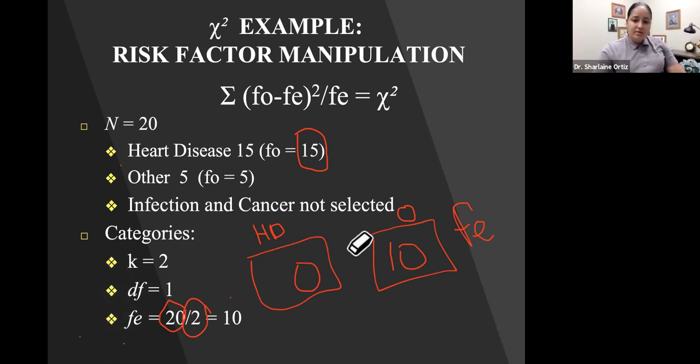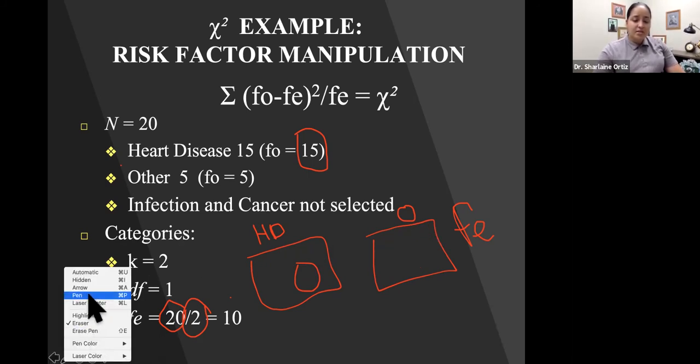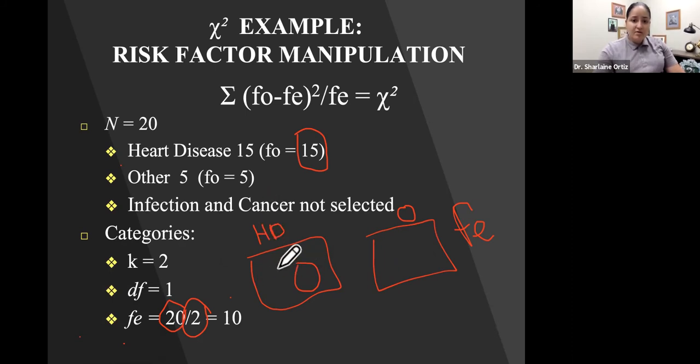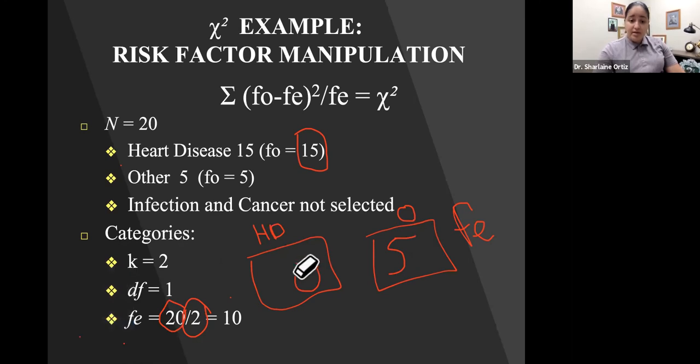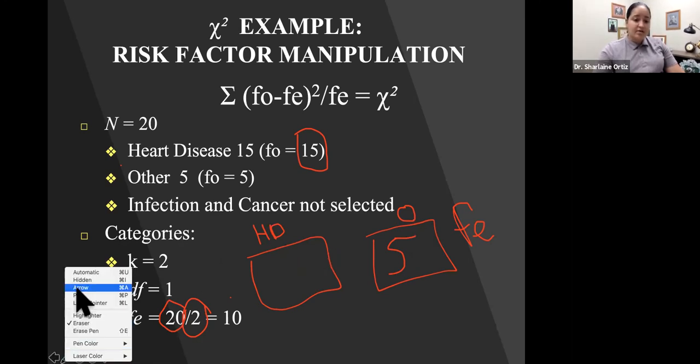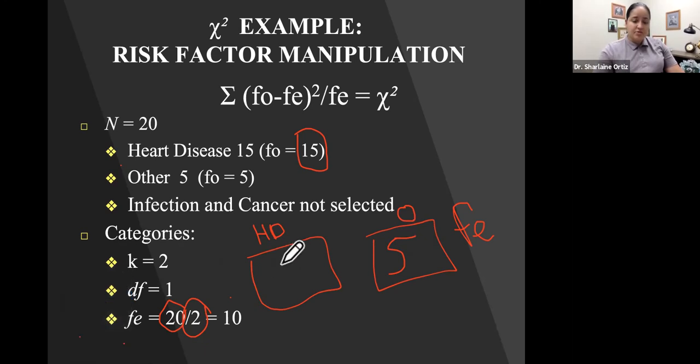For other, I only had 5 people, and for heart disease, I had 15 individuals. So I'm starting to see that the frequency I observed is very different from the frequency I should have expected, which is 10 people in each category.